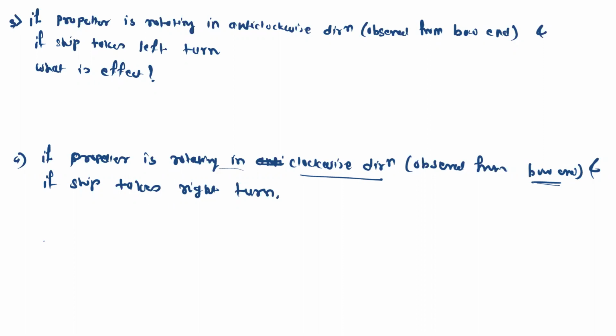Again we have to find out the gyroscopic couple by using the angular momentum vector, and then we have to find out whether the front end, that is the bow end, moves in the upward direction or the downward direction. Okay, so this is the extra effect that gets added on the ship when the ship takes the left turn or the right turn.